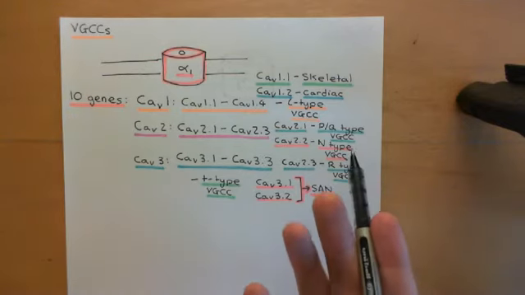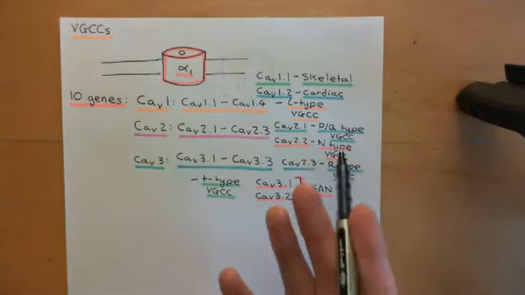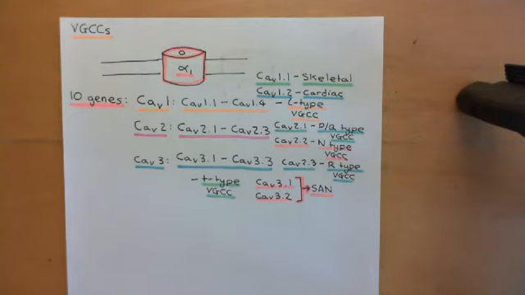We've also discussed PQ-type voltage-gated calcium channels, where the alpha-1 subunit is CAV2.1 type. N-type channels, where the alpha-1 subunit is CAV2.2 type. R-type channels, where the alpha-1 subunit is CAV2.3 type. And then finally, T-type channels, where the alpha-1 subunit is within this CAV3 family.